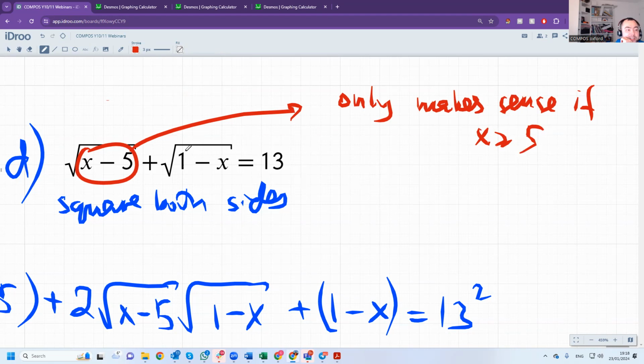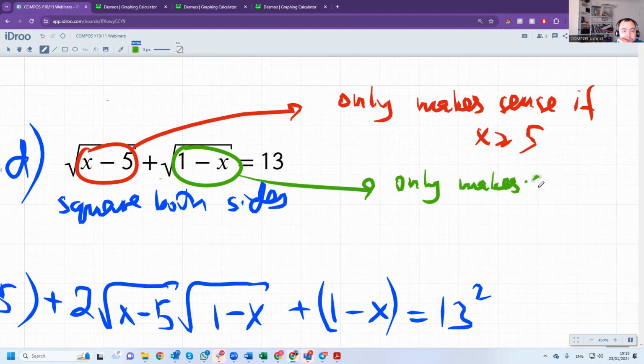And this part only makes sense if 1 minus x is greater than or equal to 0, right?